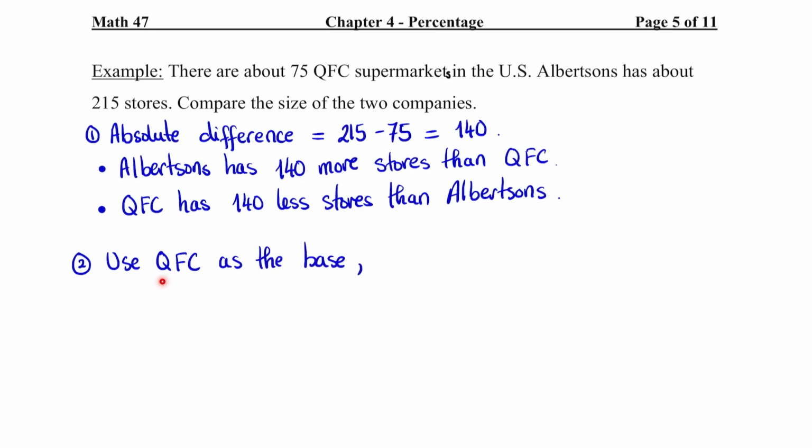If I use QFC as the base, I will take 140 divided by 75 because there are 75 QFC supermarkets. 140 divided by 75, I get 1.867. And if I want to convert this to a percent, that is 186.7%.